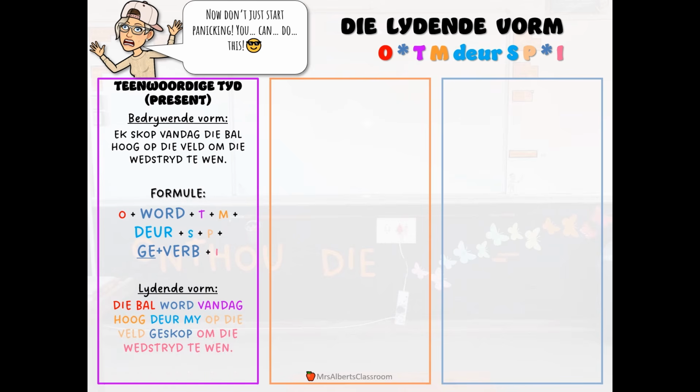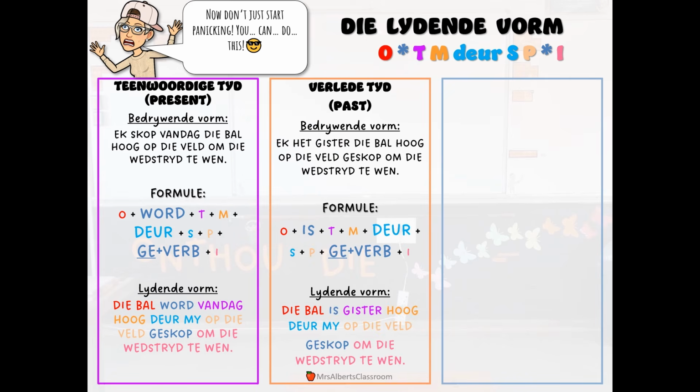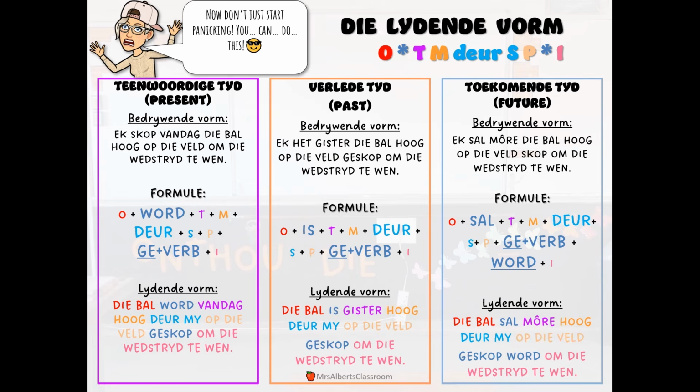So when we look at the sentence here, I gave you quite a long sentence. There's your formula, and I gave you the answer. I want to click through everything quick so you can see nothing changes in the different tenses except "word," which is the indication that it is present tense. "Deur" is always with your subject, as you can see from your formula that I wrote at the top.